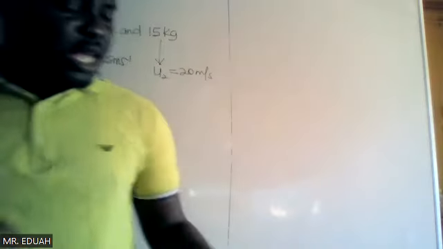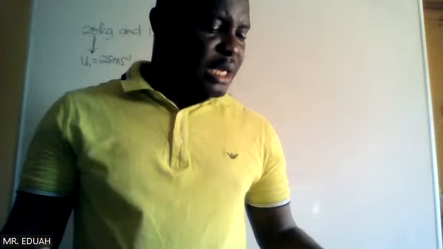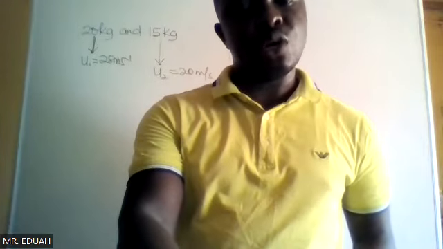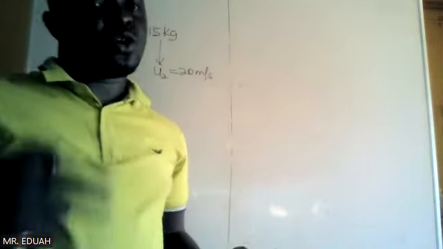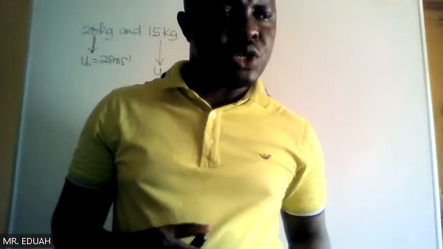Okay, so if they collided and after collision they moved together with a common velocity, then what kind of collision is this? If they move together and joined and move with a common velocity after collision, what kind of collision is this?